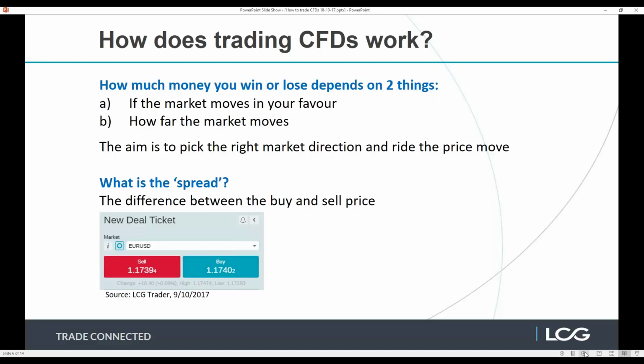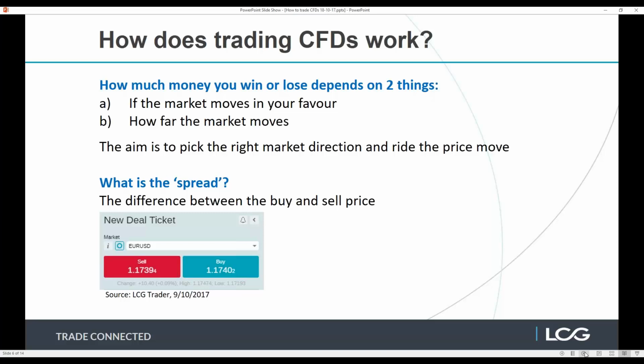And if it moves for you but only a small distance, you're making a small profit. Vice versa for losses. So this is obviously the art of the game, right? The aim is to pick the right direction of the market and ride that price move for as long as you can. And again, we'll get into risk management and all different strategies, and that's something for another webinar.